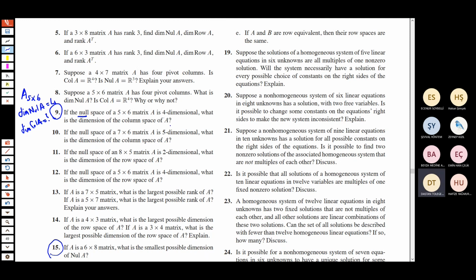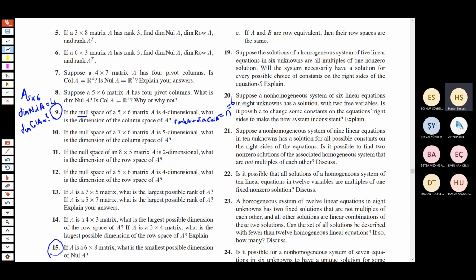You know, 2. Let's see. Rank A is equal to the dimension of the column space. Actually, we did this question many times. Rank A plus dimension of the null space is equal to n. What is n? N is the second number in the size of the matrix, which gives the number of columns.